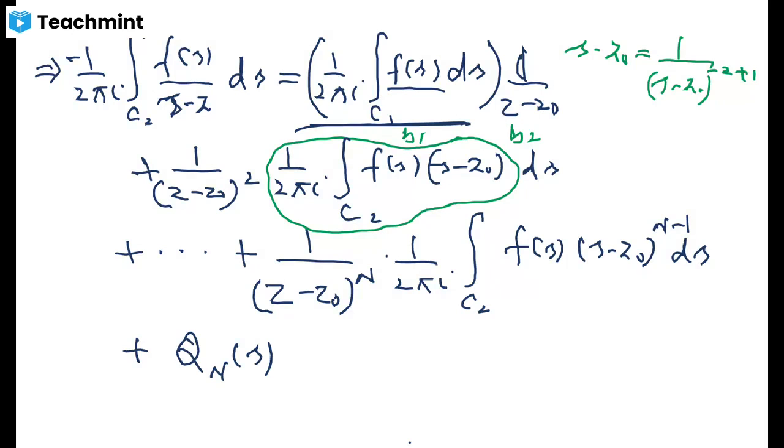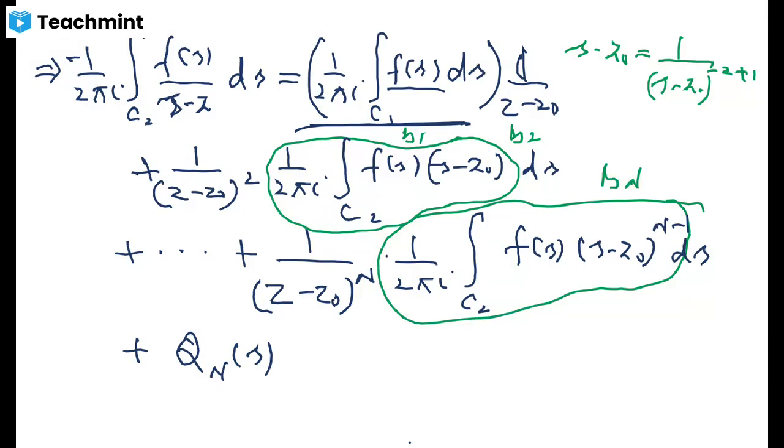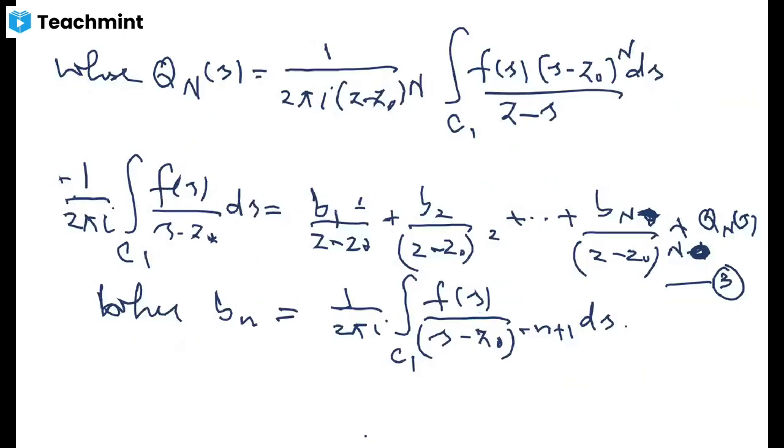And then this expression is b of n, and here you have zeta minus z naught to power n minus 1, and if you write it in another way, you can write this expression as zeta minus z naught to the power minus n plus 1. This is what it is. So you have all these settings where Qn's and Rn's exist.